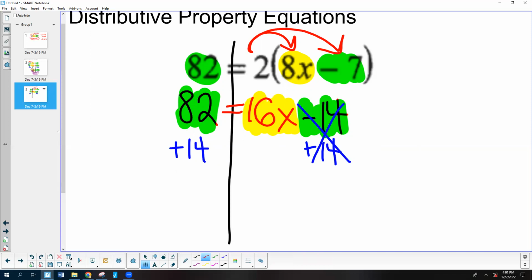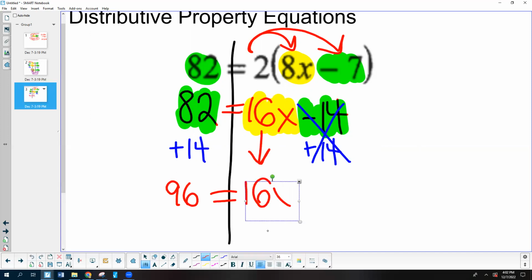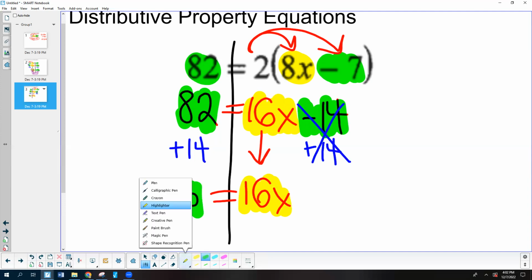Plug that in your calculator. Make sure you get it right. 82 plus 14 is going to give us 96 equals, bring down your variables. We've got 16x left to deal with. Notice that I've got 16x on one side and I've got 96 on this side.